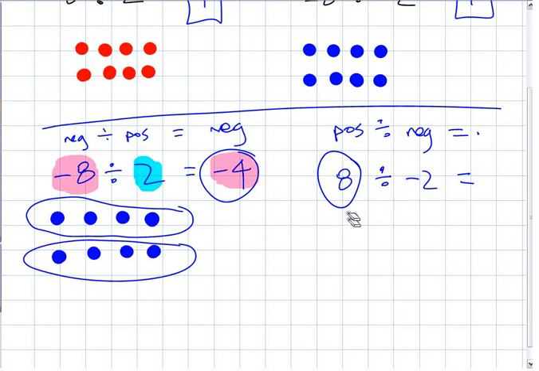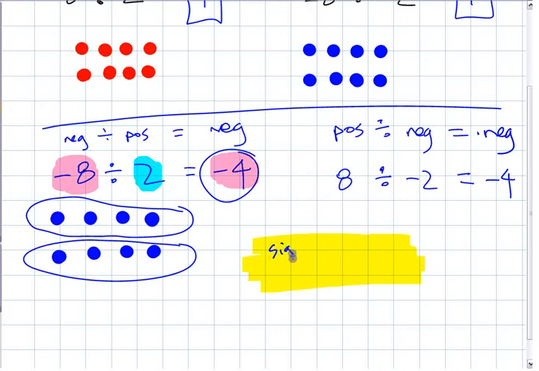If you divide it by negative 2, it's going to be negative 4. Positive divided by negative is going to give you a negative. If the signs are different, the answer is going to be negative if you're dividing two things. Okay, that's what you need to know about multiplying and dividing.